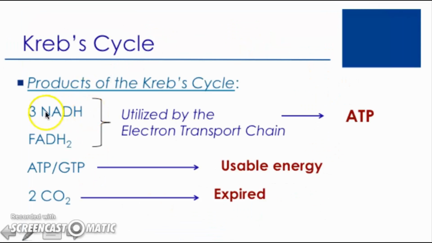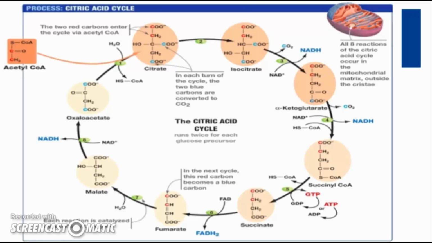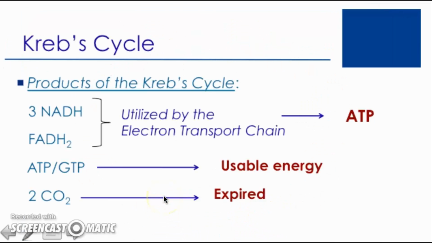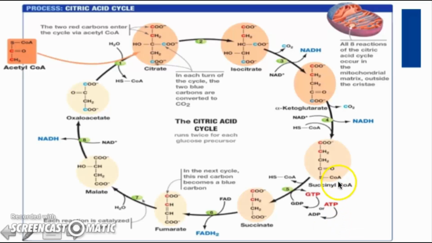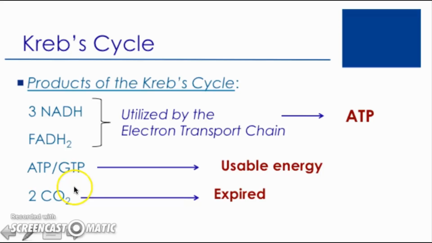So we have the formation of 3 NADH, 1 FADH2. Again, you can see here that's in the conversion of succinate to fumarate. We have the formation of an ATP or GTP molecule, again in the conversion of succinyl-CoA to succinate. And then also we have the release of CO2 in the 2 initial steps where NADH is formed.